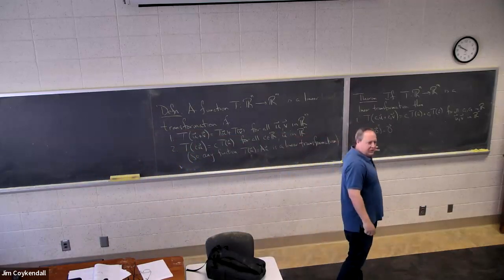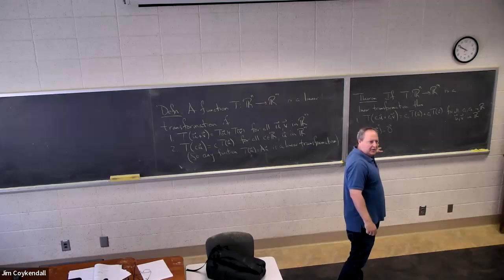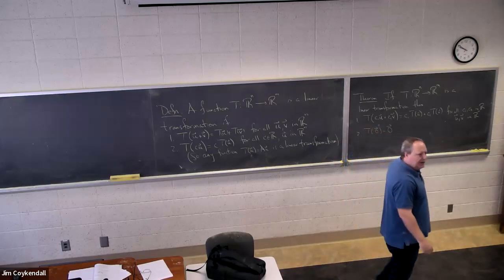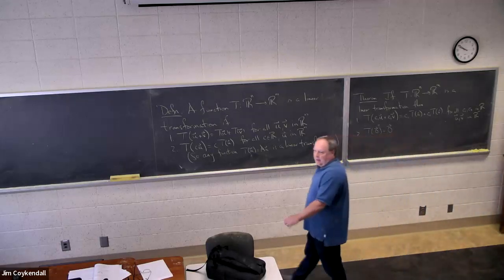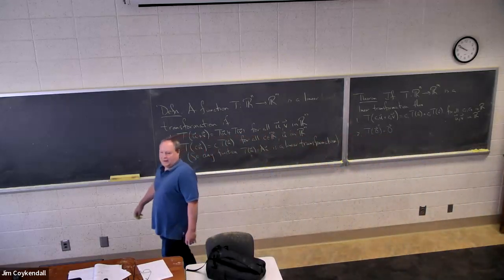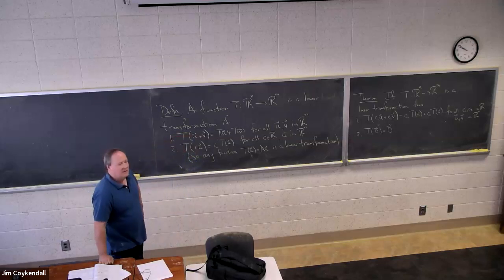This isn't true for most functions. It's not even true for most lines. If I give you the line y equals x plus 1, if you plug in 0 for x, you don't get 0 for y. Why is this true for linear transformations? Anybody see why this is true?